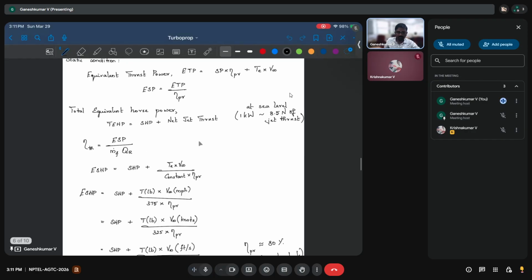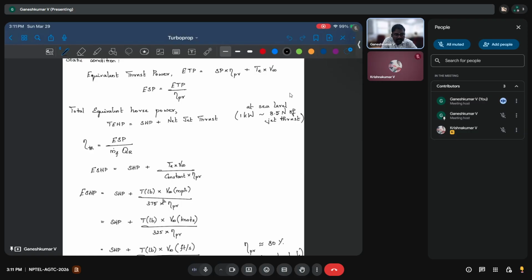And you also have the total equivalent horsepower. Typically, power is expressed in kilowatts, but people would also like to know it in horsepower, so you can rewrite it with the factor included here.